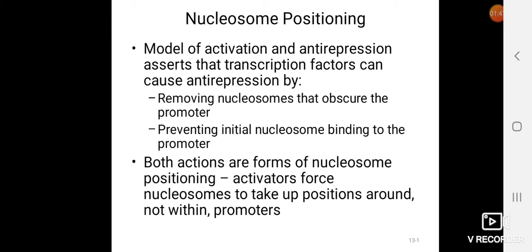So this concept of nucleosomal positioning is nothing but the nucleosome structures, whose position plays an important role, as per earlier discussion, in the process of transcription. And this nucleosome positioning can act as an anti-repression activity.